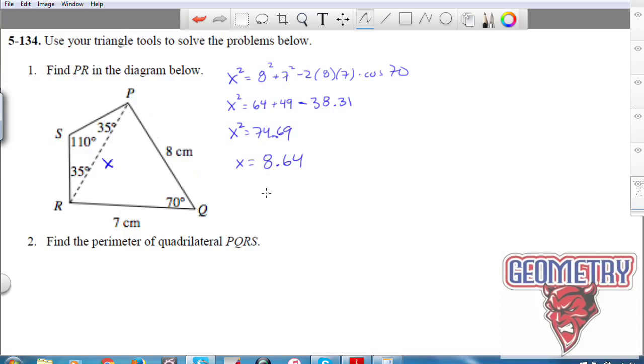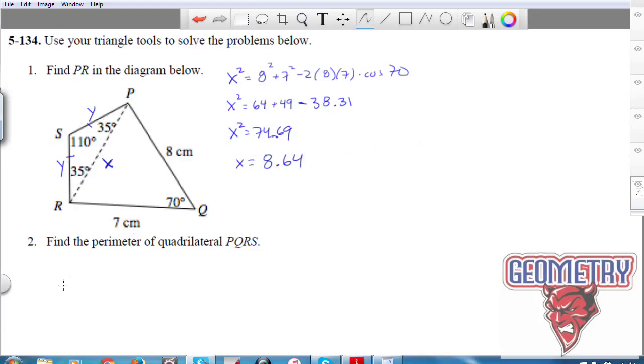Okay. Then it says find the perimeter of this quadrilateral. So to find the perimeter of the quadrilateral, we need to find this value, which is y, which happens to be the same as this value over here, because SPR is an isosceles triangle, so SP is the same as SR. So if we can find one side, we have the other.